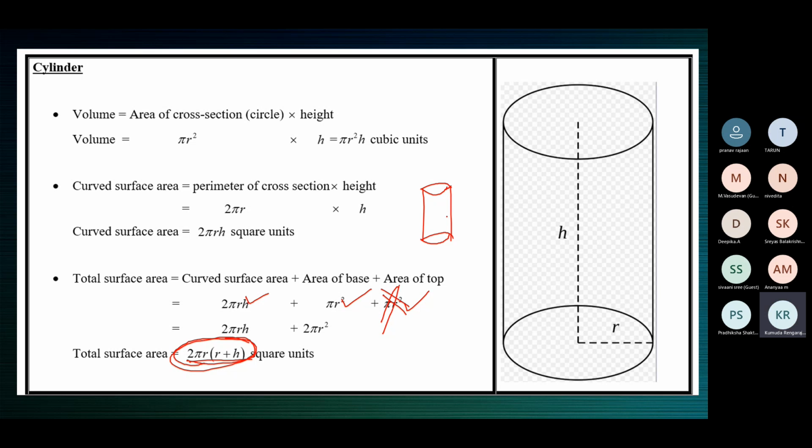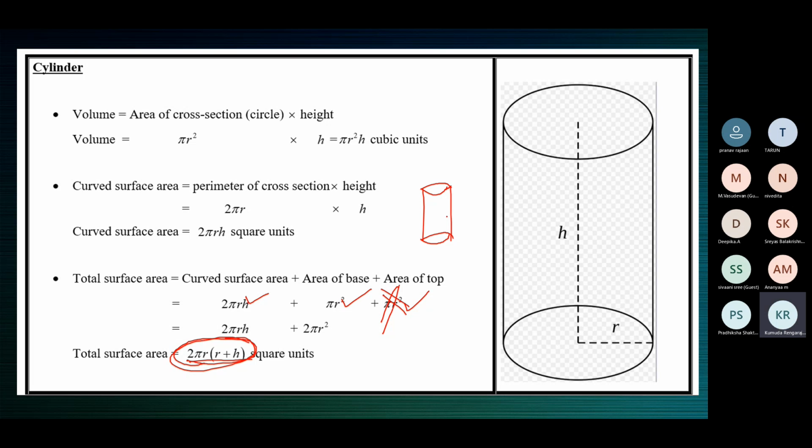When the word pipe is used in mathematics, it's understood that it's open at both ends. You should not ask whether it is open at both ends, or closed at both ends, or one end open and the other end closed. No. The term pipe is used to refer to a cylinder which is open at both the ends.